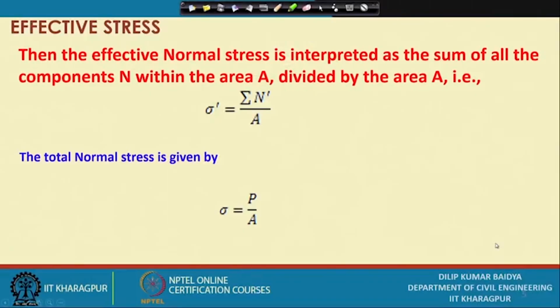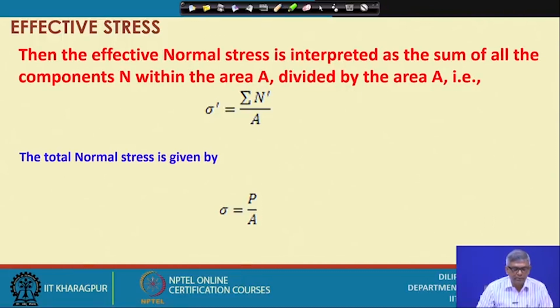As per definition, the effective normal stress is interpreted as the sum of all the components N within the area A. So, within the cross section, whatever number of contacts are there, whatever normal force is at that contact point, their vertical components will be taken and summed up, like this, sigma N dash, and divided by the cross sectional area.